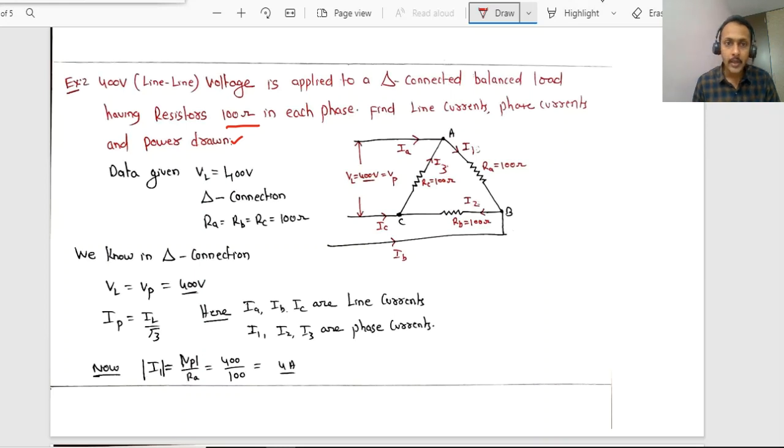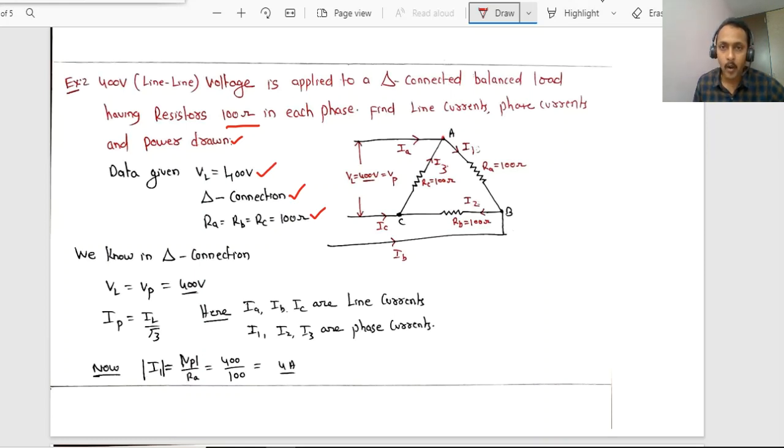The line voltage between two lines is given as 400 volts, and the connection is delta connection. Phase resistor values in each phase: Ra equals Rb equals Rc equals 100 ohms. That is what we have drawn in this diagram.